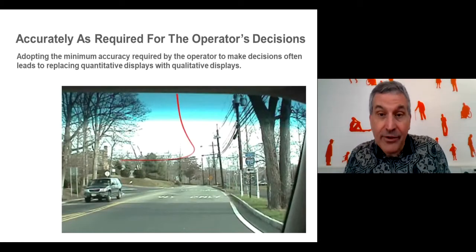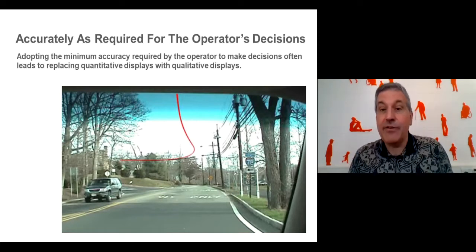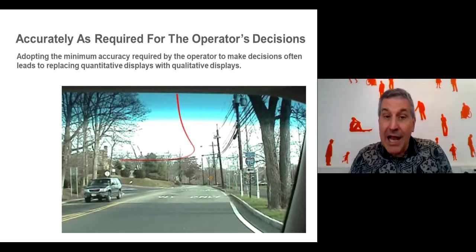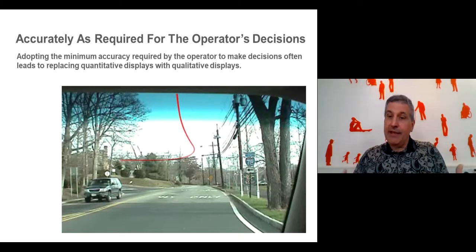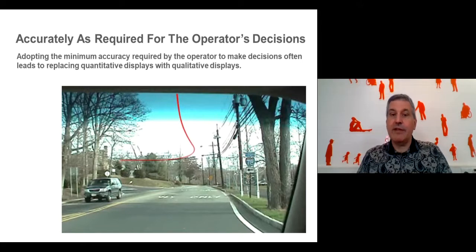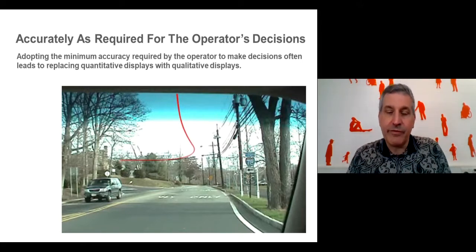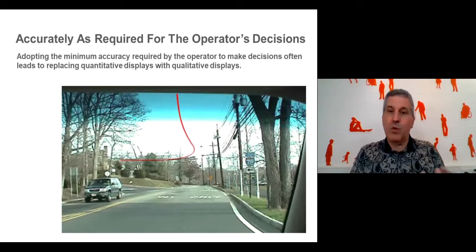In terms of accuracy, the third of the recommendations, in terms of the accuracy required, surprisingly, simplifications are being found all the time, and not all of them are fully intuitive, because assumptions were made when these systems were first developed about what was required.